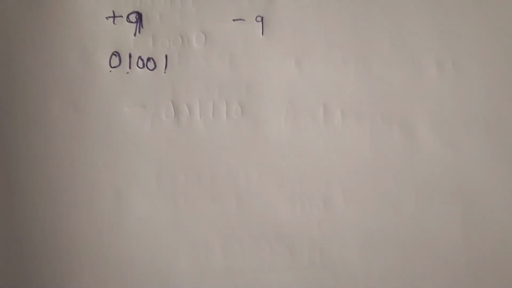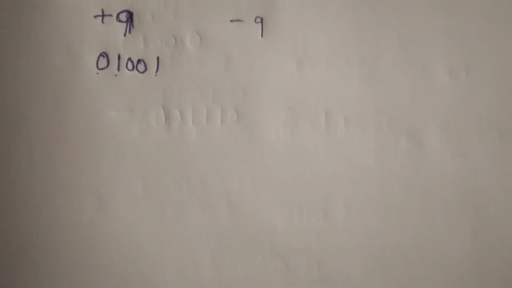So plus is denoted as 0. The MSB, the first bit, represents the sign of the magnitude, whether positive or negative, and the remaining bits represent the value plus 9.